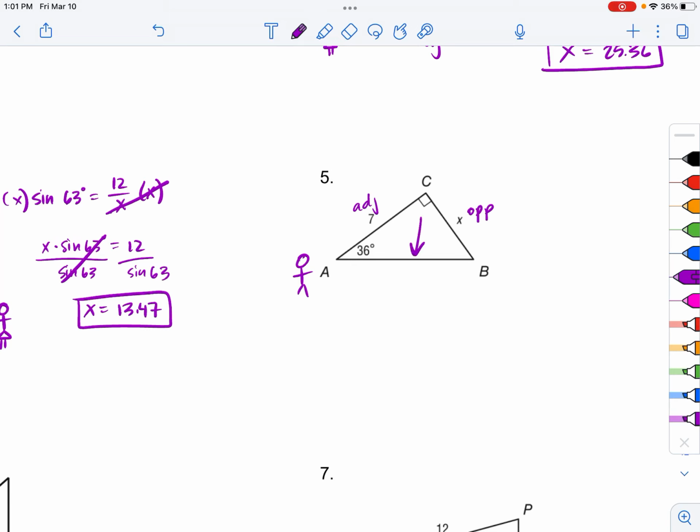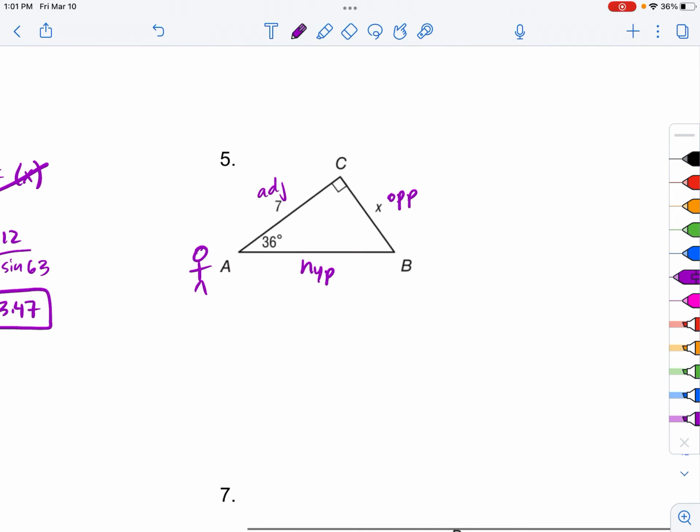Now don't be confused because this is technically also next to it, but this is our hypotenuse because it's directly across from 90 degrees. So which trig function uses both adjacent and opposite? It's our tangent function. Tangent theta, which is tangent 36 degrees, is equal to opposite over adjacent.